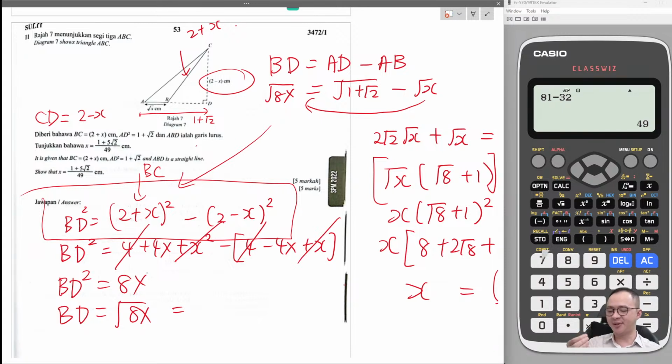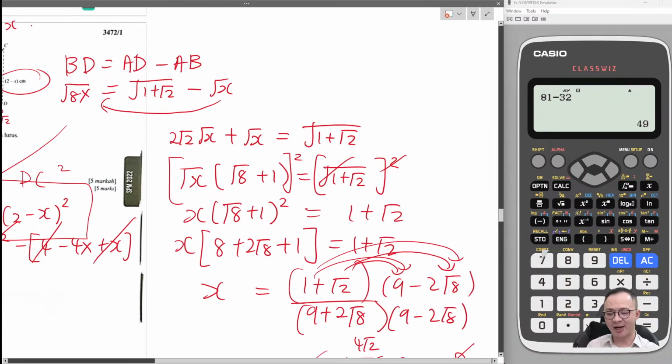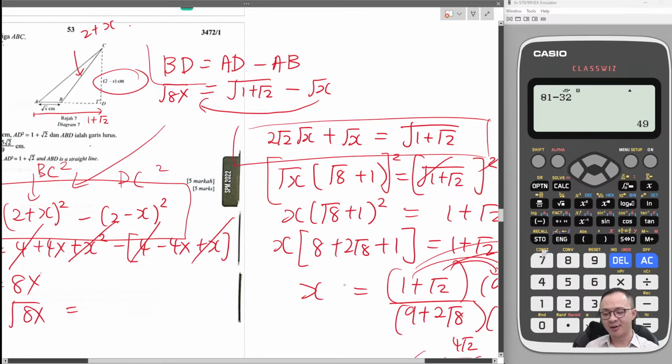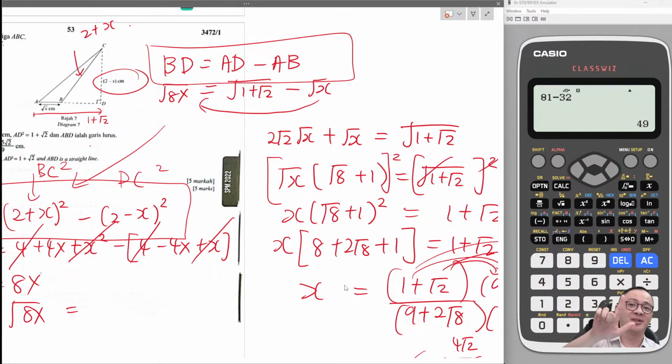So I use BC squared minus DC squared, right? To get the BD squared. And then here I use a minus method to get another BD. Then one BD I get from the Pythagoras, one BD I get from the subtraction, then I equal them, solve it.